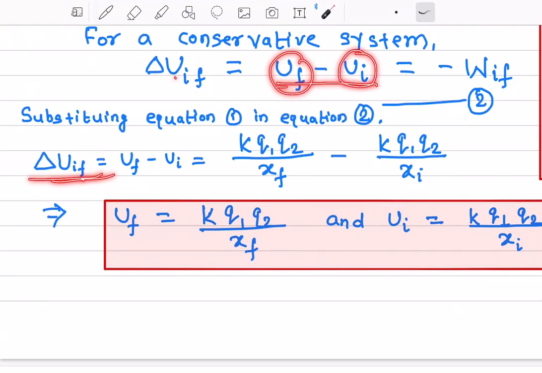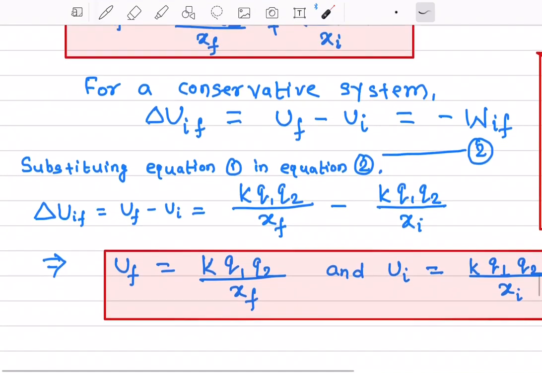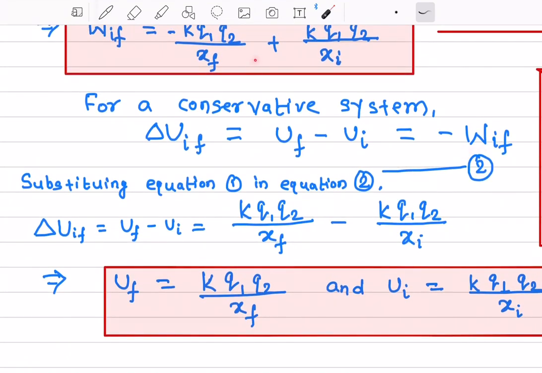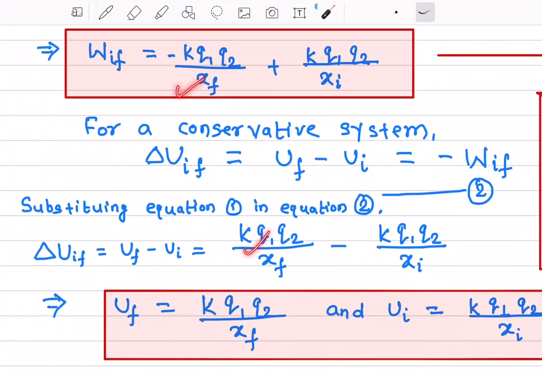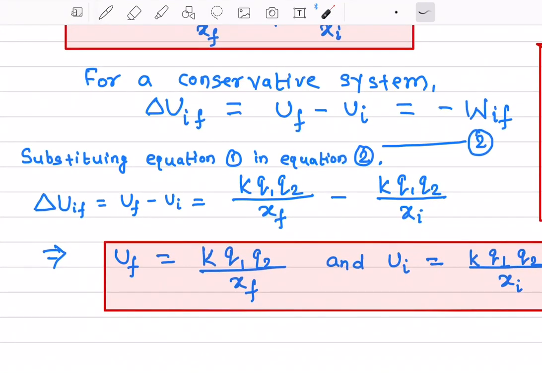So this is the change in the potential energy, which is the final potential energy minus the initial potential energy. As this is the negative of the work done, which we already calculated, the positive term will become negative and the negative term will become positive, giving exactly the work done but with the opposite sign.